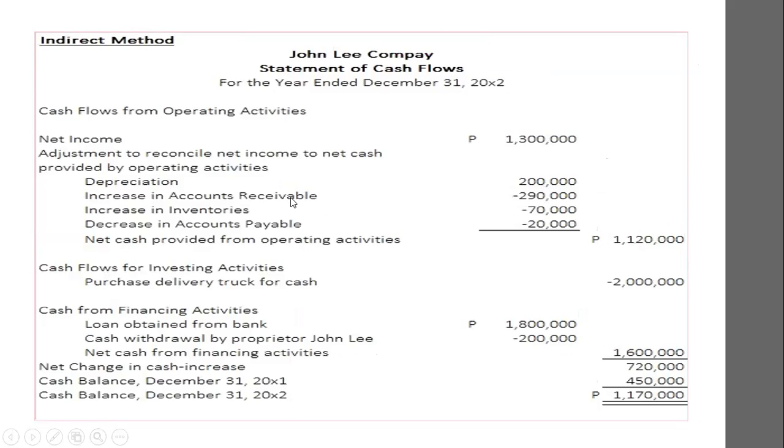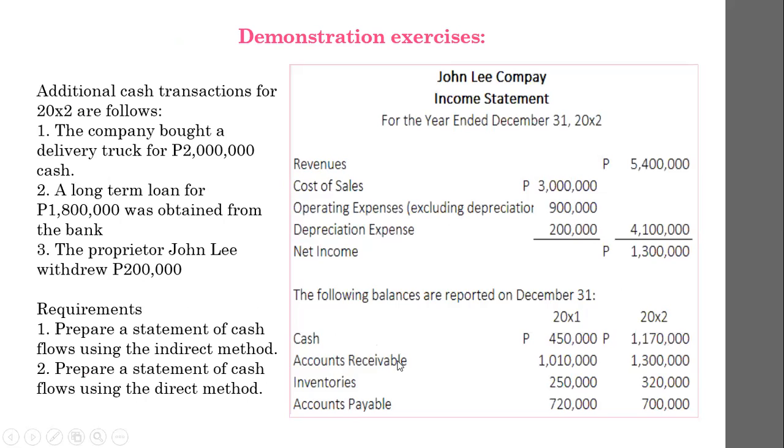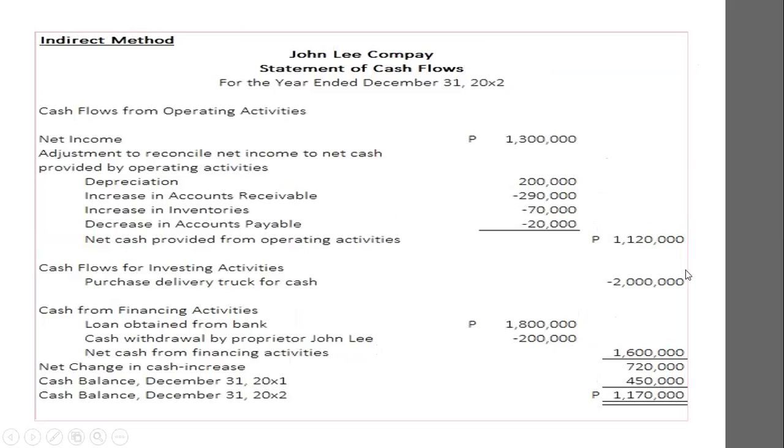Increase in accounts receivable, ito po yan. Accounts receivable, 1,010,000 minus 1,300,000. So, i-minus nyo po. Okay? Yung 20x1 sa 20x2. Ito po yung year ha. So, 1,010,000 minus 1,300,000 is equal to negative 290,000.